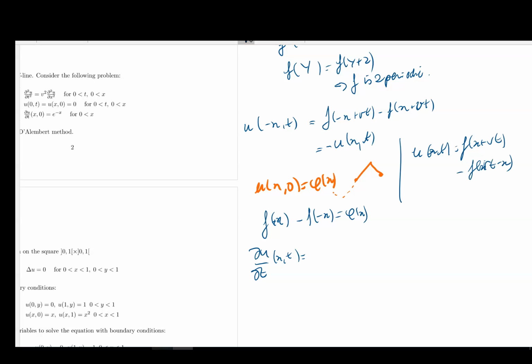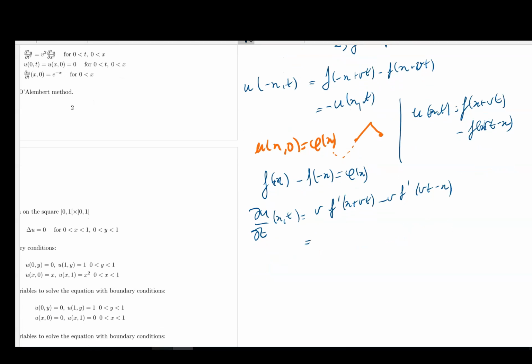What does that give us? That gives us v f prime of x plus vt minus v f prime of vt minus x. Okay, and that should be equal to 0, right? When t is equal to 0.